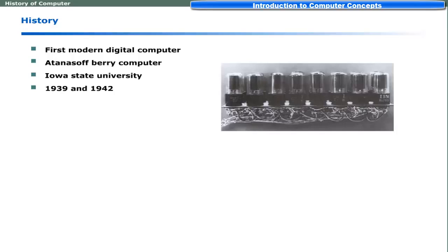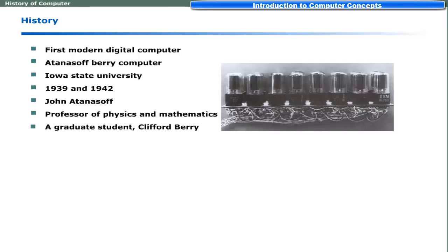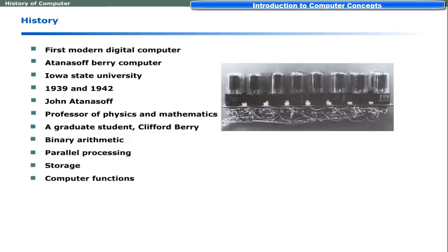The development team was led by John Atanasoff, professor of physics and mathematics, and a graduate student, Clifford Berry. This machine included many features like binary arithmetic, parallel processing, storage, and computer functions. It weighed about 750 pounds and could store about 3,000 bits of data.